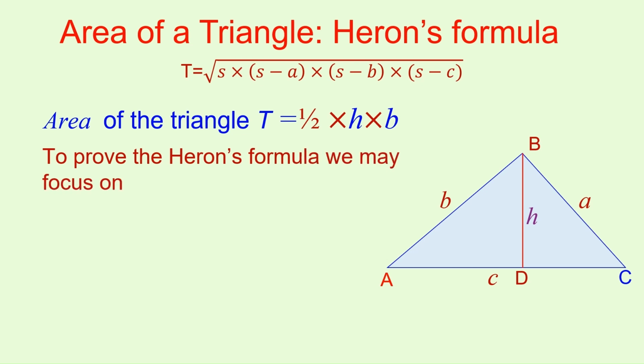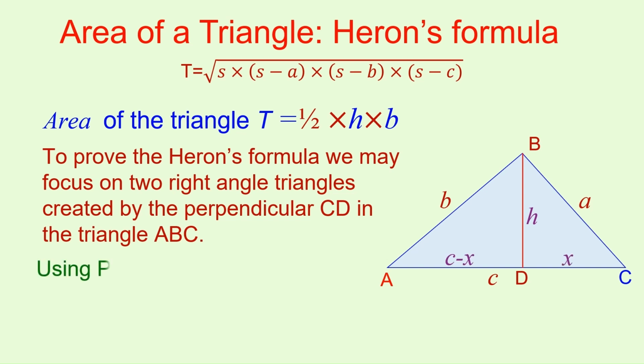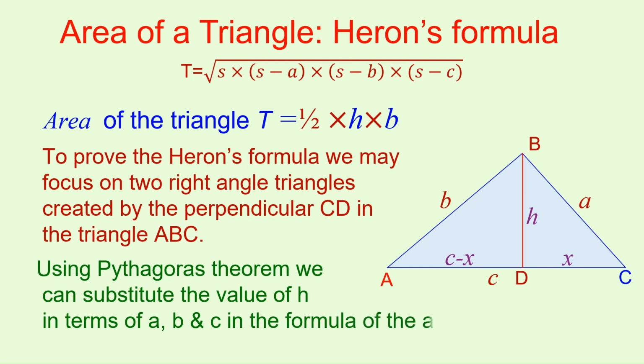To prove Heron's formula, we may focus on two right-angled triangles created by the perpendicular CD in the triangle ABC. Using Pythagoras' theorem, we can work out the value of h in terms of A, B, and C and substitute in the formula of the area.